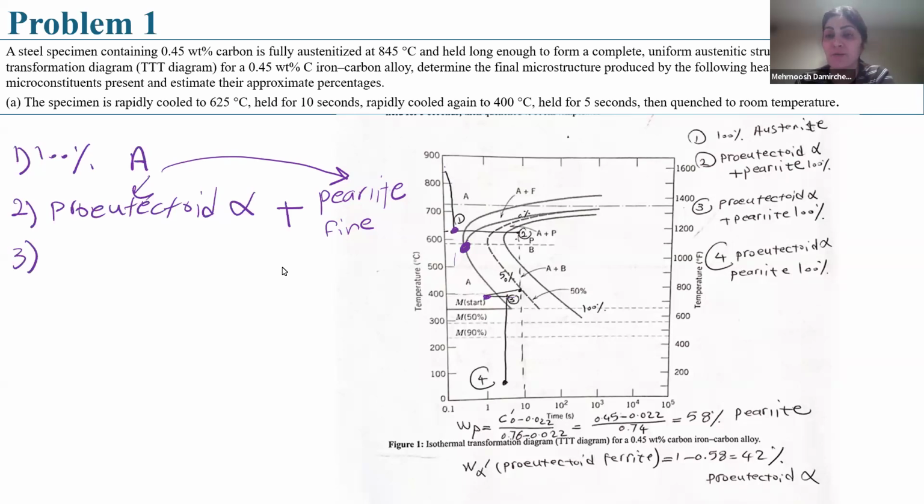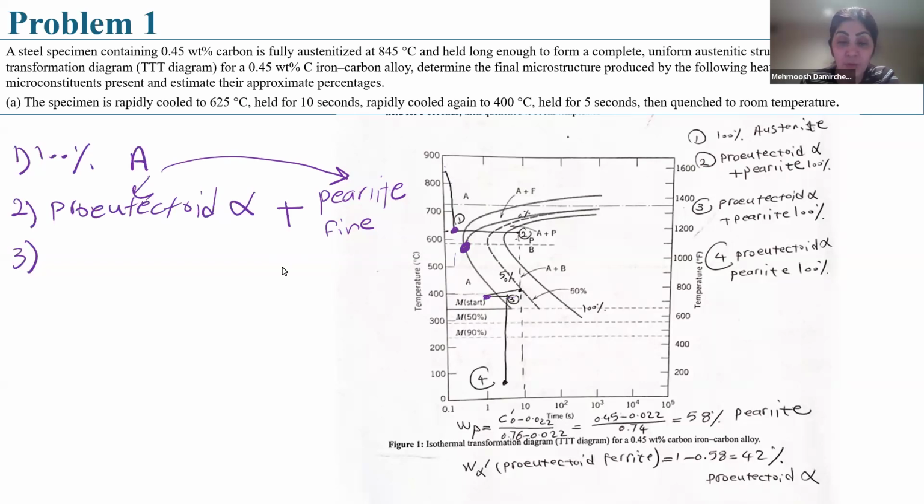If you remember from the previous video, I told you that only austenite converts to bainite or martensite. Do you see any remaining austenite? No, we have proeutectoid alpha or ferrite and pearlite or fine pearlite. So exactly the same microstructure, same as 2.